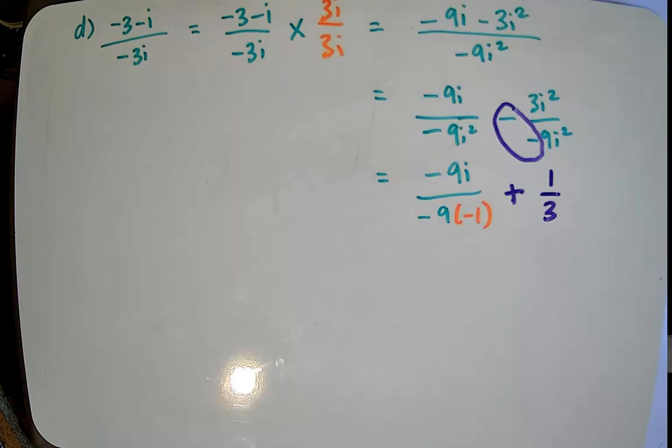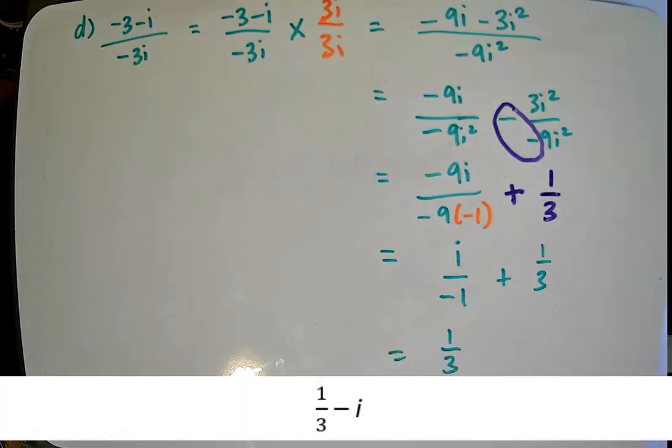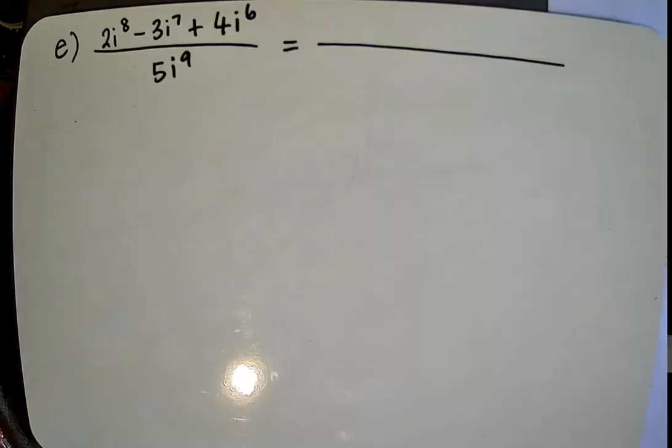Notice we have i squared over i squared, they will cancel out. So minus 9 divided by minus 9, it's gone, so we have i over minus 1 plus a third. Simplifying that, we will get a third minus i.